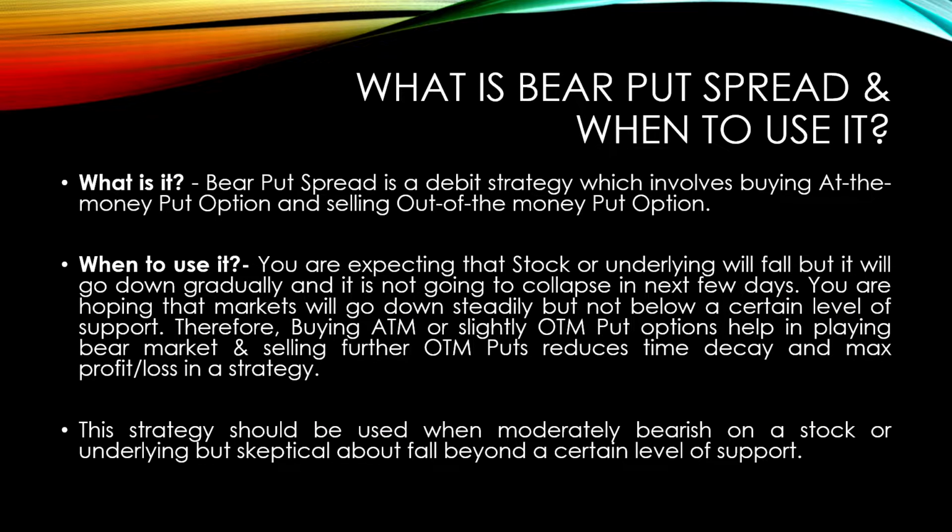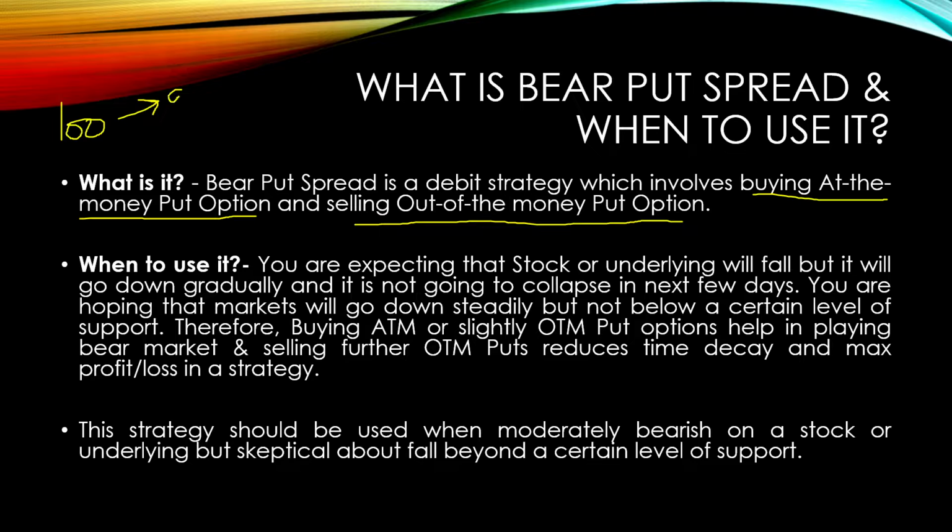A bear put spread involves buying at the money or around at the money put options and selling out of the money put options. Suppose a stock is currently trading at $100 and you are hoping that this stock is going to fall. Then you can buy a put option around $100. Let's say you buy a $99 put option.